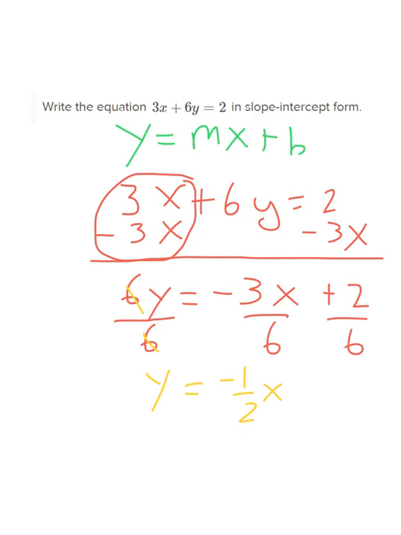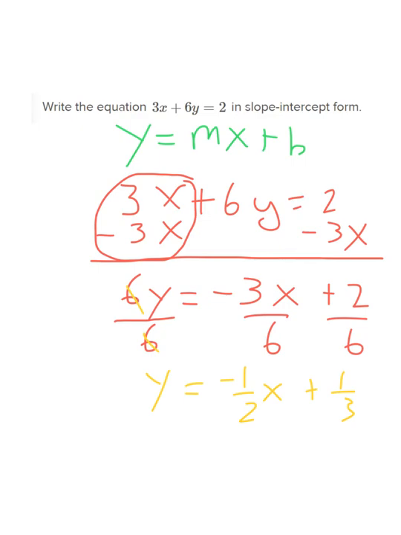And here, plus 2 over 6 reduced down to 1/3. Is this in slope-intercept form? Let's see. Y, slope, x, y-intercept. We did it.